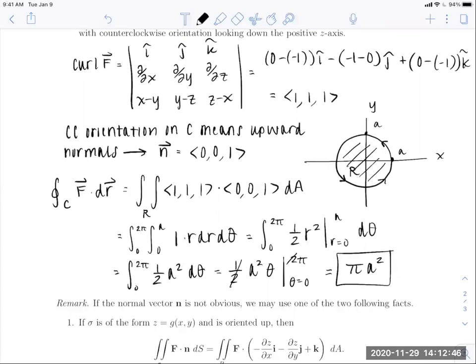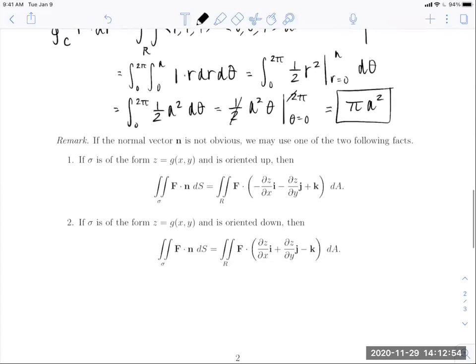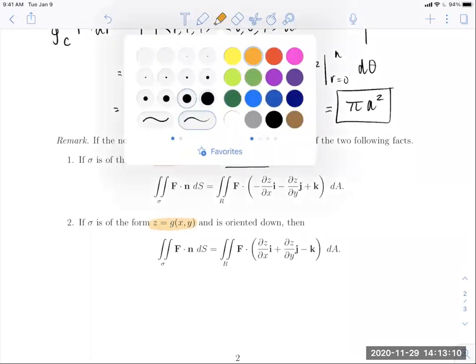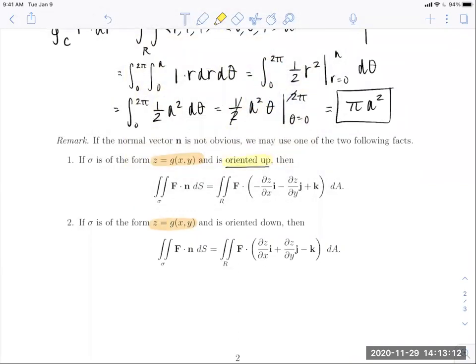Now, in this example, it was fairly easy to pick off a normal because, again, our surface was lying in the xy plane. It was not slanted at all, so the normal was very easy to compute. If that normal n is not obvious, you can use one of the two following facts depending on your setup. So we're going to assume that our surface is of the form z as a function of x and y. And then depending on whether it's oriented upward, so here I'll use a different highlighter.